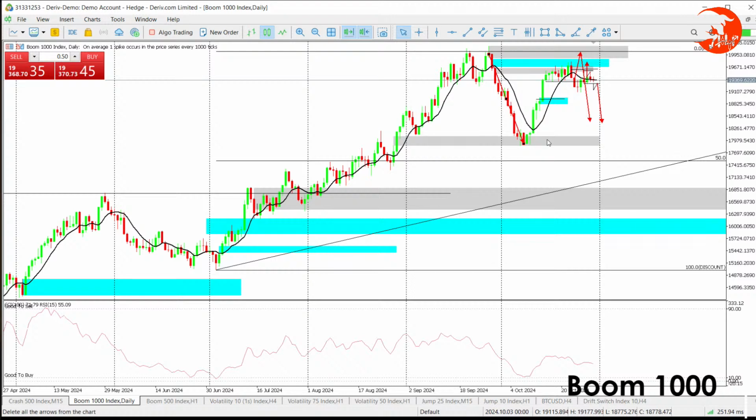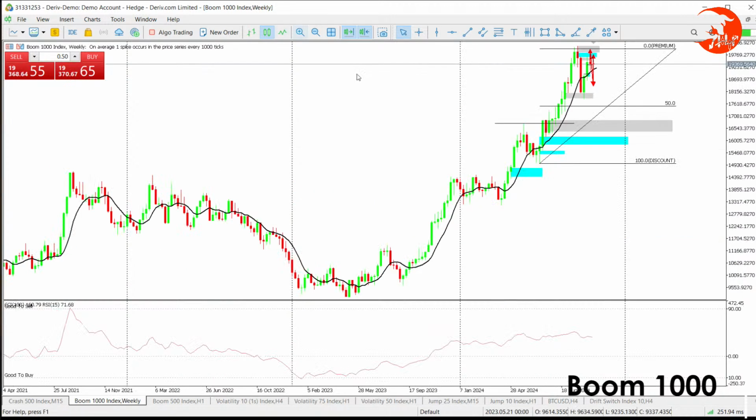According to daily we should be buying, so according to weekly we should be also buying, but we are looking for sales. Those who remember, we are looking for sales to come back to this break of structure, or the breaker broke there. That's where we are looking for sales to mitigate liquidity on that OB and to give us that retest after breakout. This was the breakout there, this is a breakout there.